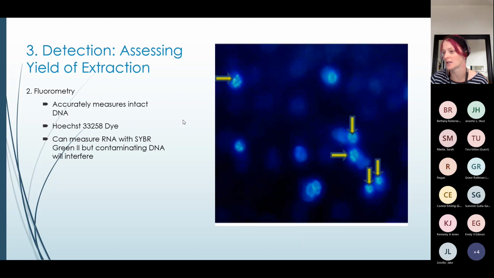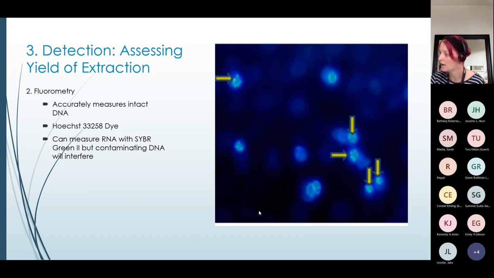And then detection, assessing yield of extraction. You can use fluorometry, which accurately measures intact DNA. We use Hoechst dye, and then it can measure RNA with SYBR Green II, but contaminating DNA won't interfere.